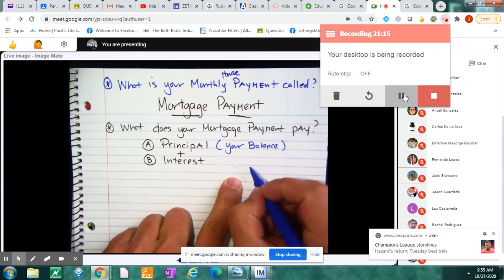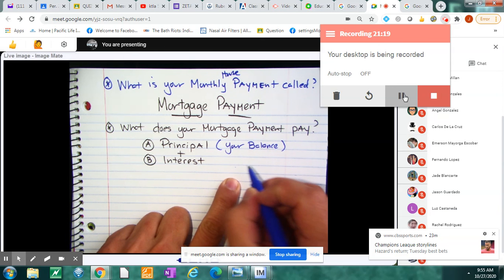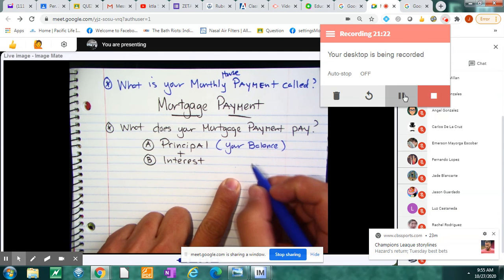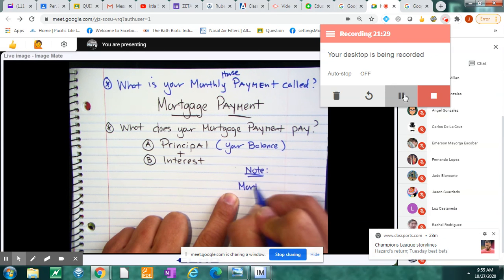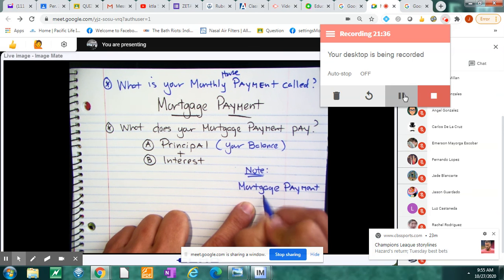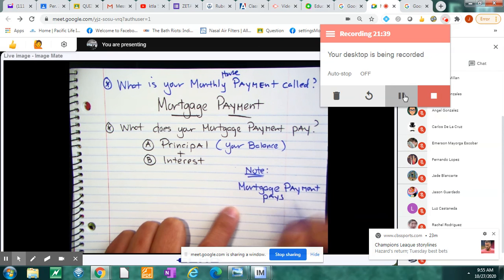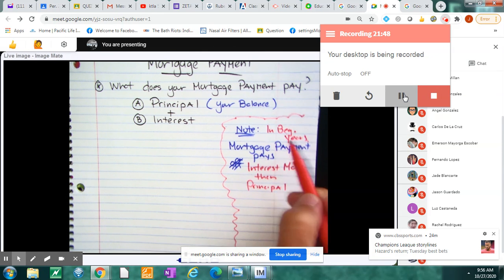Side note. So this is the last part, and then we won't do the other part. So here, the mortgage payment pays off interest more than principal in the beginning years.